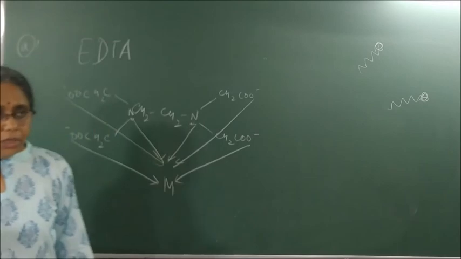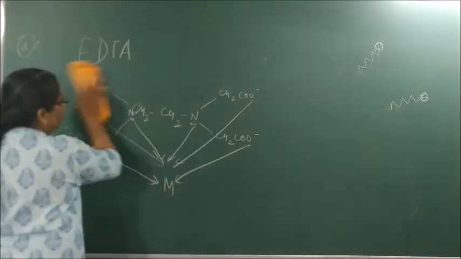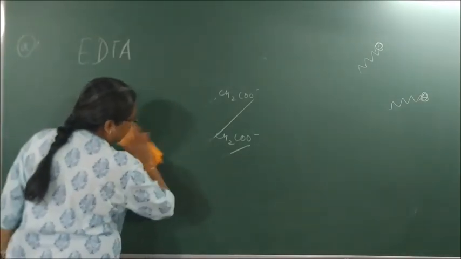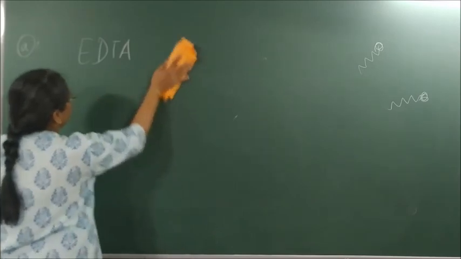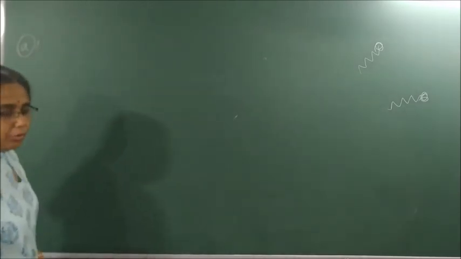Okay, so there are 2 donor atoms, but only one donor atom is linked to the metal atom at a time.